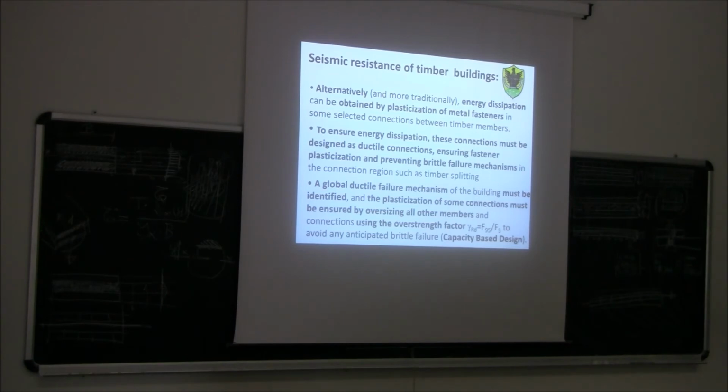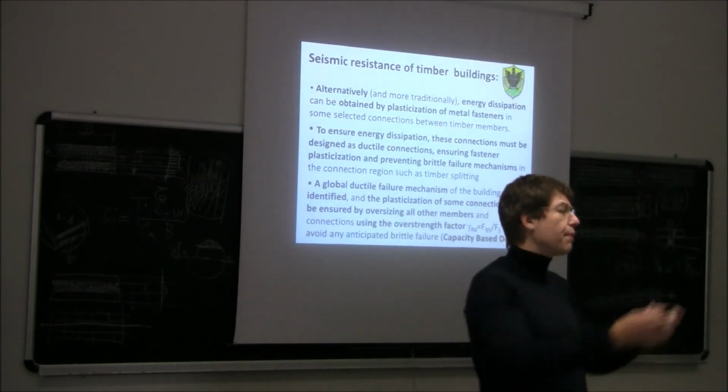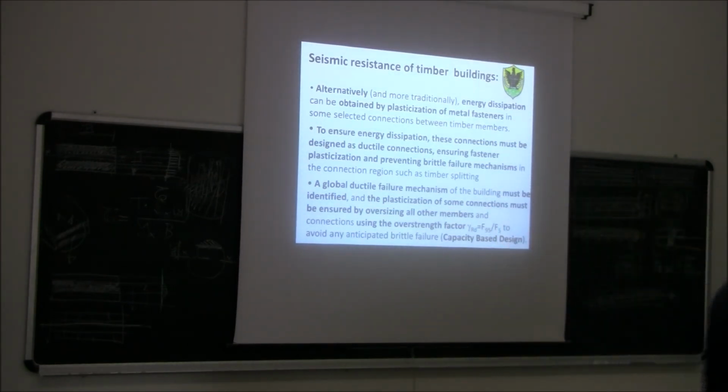So we have to ensure that I have a global plastic behavior of the structure. And then, like you've done for your frame, I will have to make sure that all the possible brittle failure mechanisms are avoided.